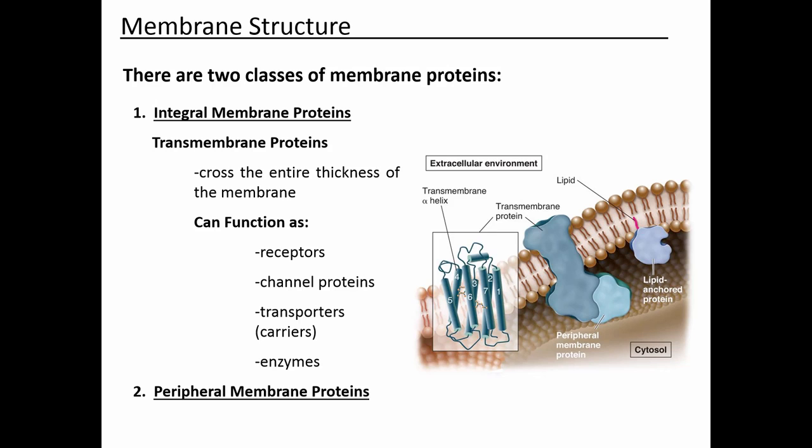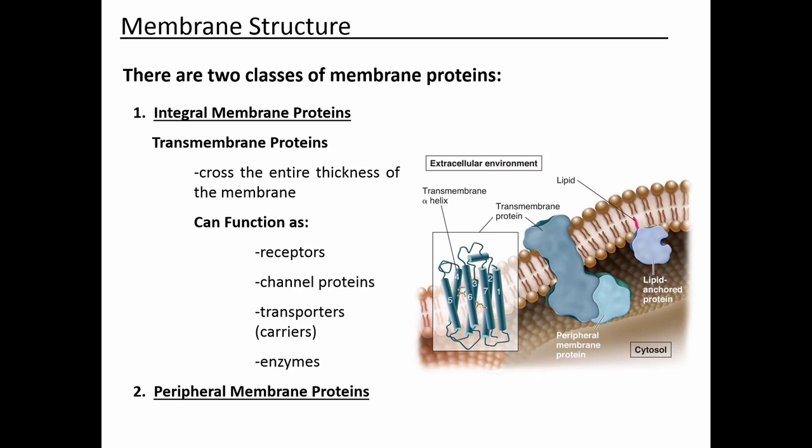In terms of their functions, we'll see in cell signaling that there are transmembrane proteins that function as molecules called receptors. Let's say we talk about transmembrane proteins in the plasma membrane that are called receptors.